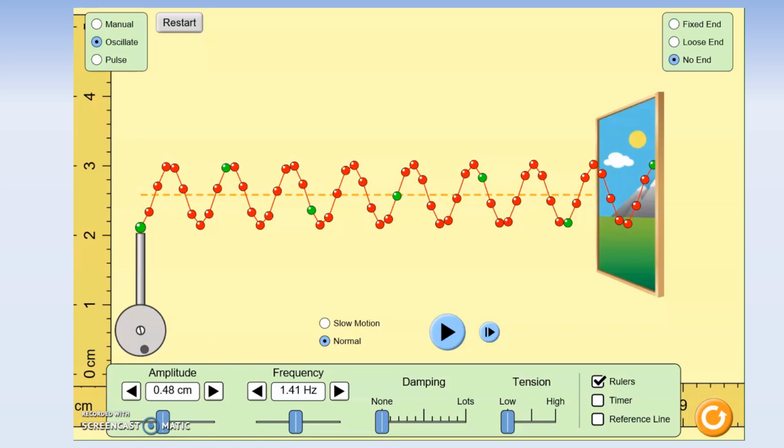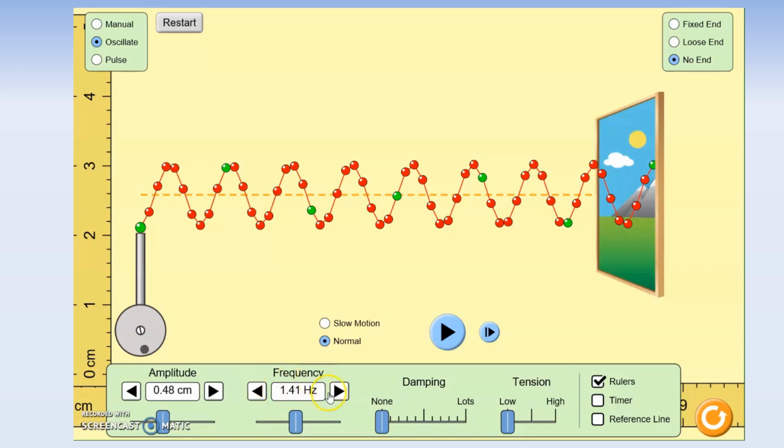Certainly the amount of energy that the wave carries will be one of the factors. And the second factor will be the amount of time it takes for that energy to get transferred along the medium.